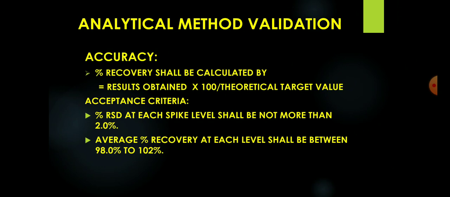The acceptance criteria for accuracy: the percentage RSD at each spike level shall not be more than 2%. Average percent recovery at each level shall be between 98 to 102%.